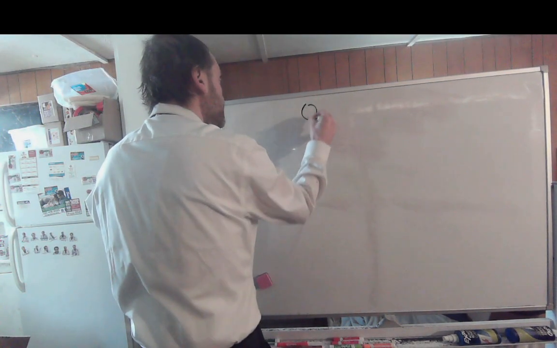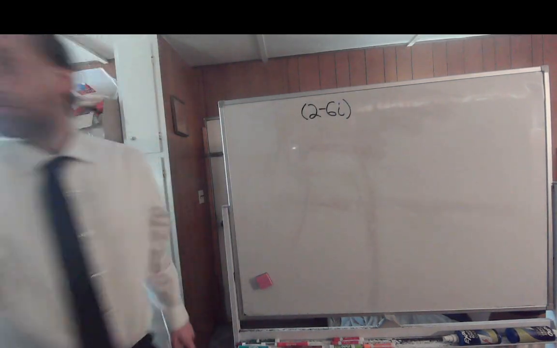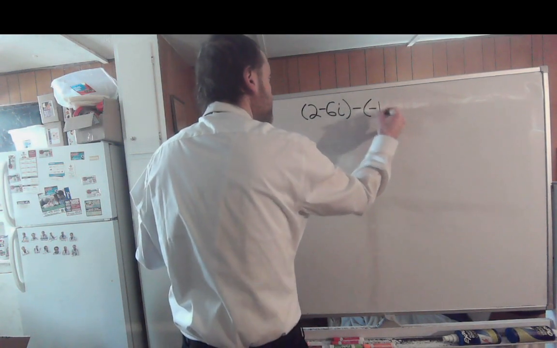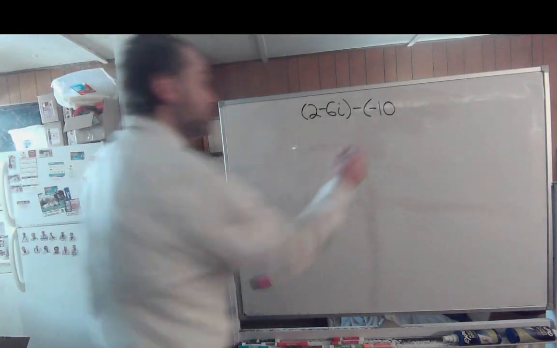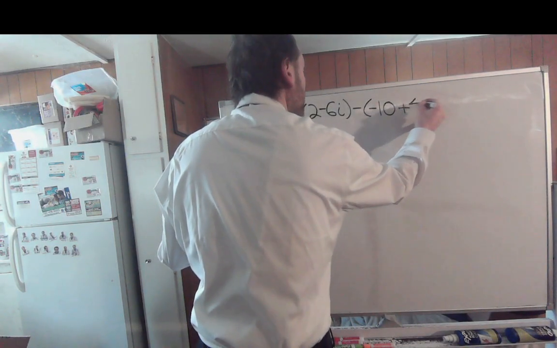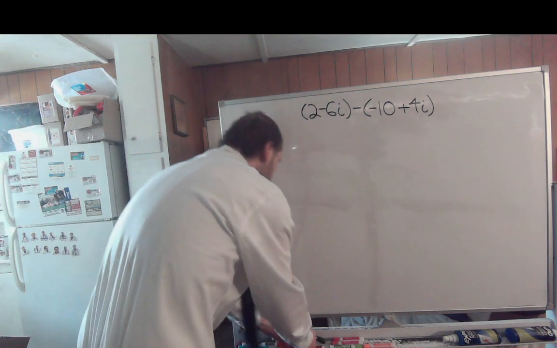All right. We're going to have 2 minus 6i minus negative 10 plus 4i. So we're going to subtract these two complex numbers.